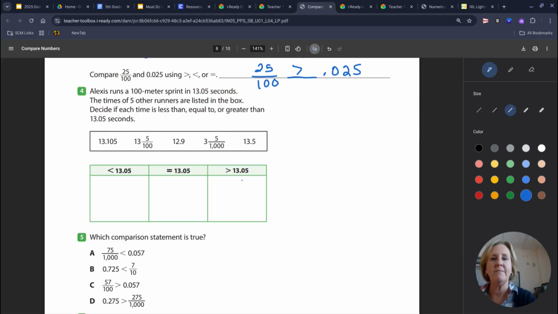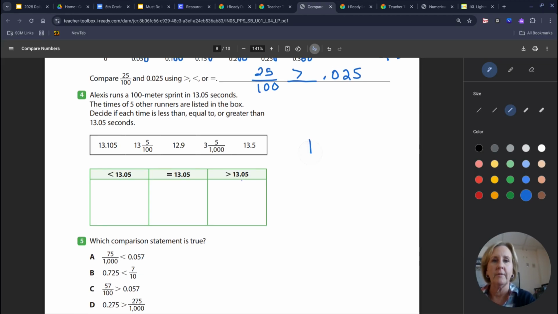If I write her number first, I'm going to start with the decimals and then work my way to the fractions. I'm going to list this time, 13 and 5 tenths.